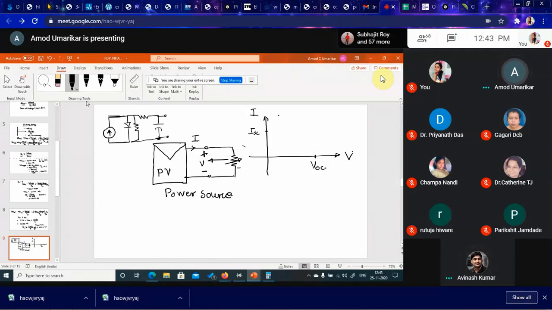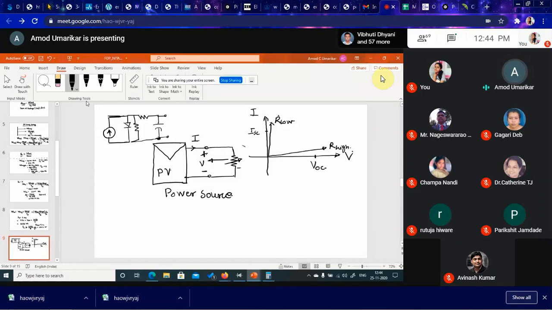On the IV plane, a very high resistor lies toward the V axis, and a very low resistor is near the I axis.